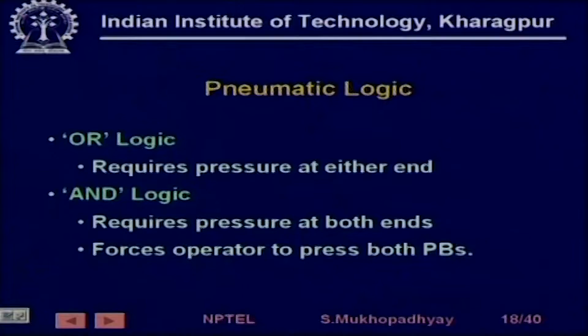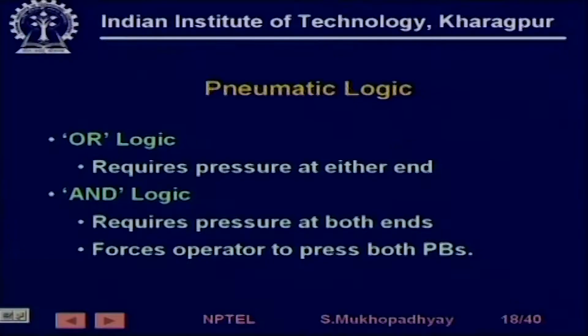Sometimes this AND logic is used for safety applications where the operator is forced to press both push buttons. Pneumatic systems are very much used to assist operators in operating various kinds of machines, and sometimes there are safety hazards. For example, suppose you have two big rolls in which the operator has to put some material. Typically such things are used in kneading materials, like in the production of tires.